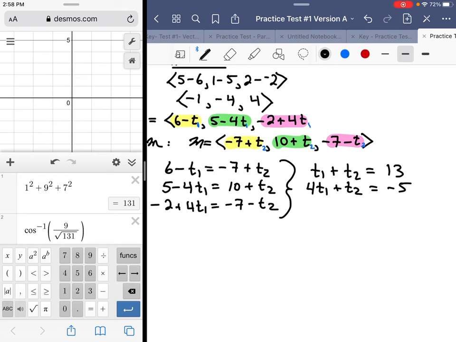And then here, in the last one, I'm going to add t2 to both sides. So 4t1 plus t2 is equal to, and then I'll add 2 to both sides, so negative 5. All right. So it looks like my second and third components are identical, which should make things interesting.